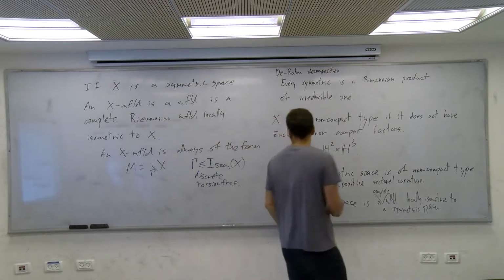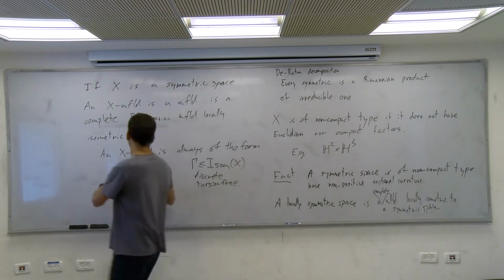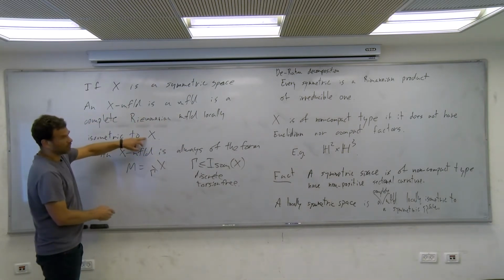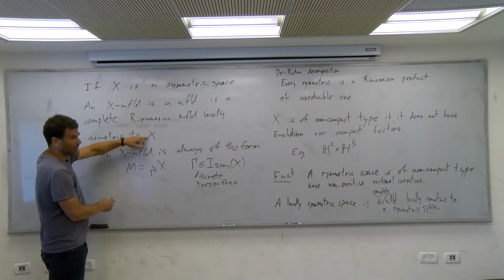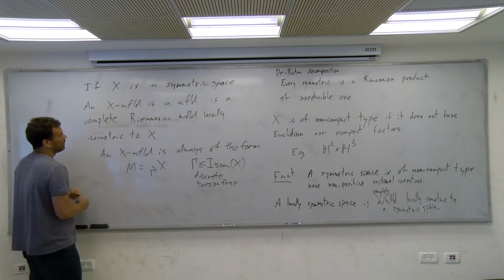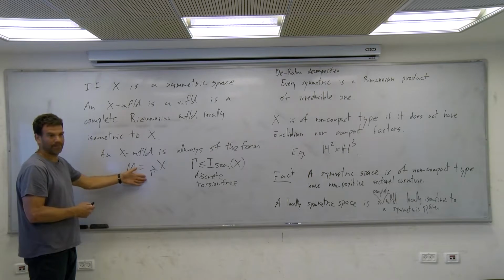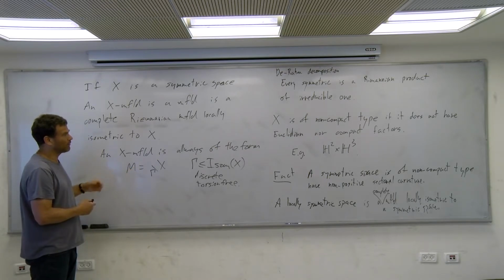But a locally symmetric space, I want it to be complete, and then its fundamental group acts via deck transformations on the universal cover, which is a symmetric space, and it's always of this form. But if it's not complete, it's not true. So I restrict to complete when I consider locally symmetric spaces.